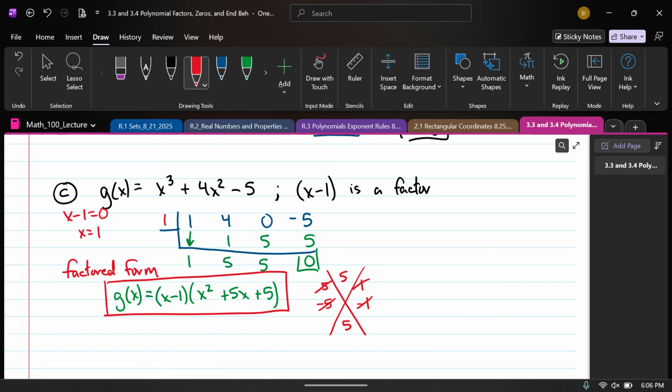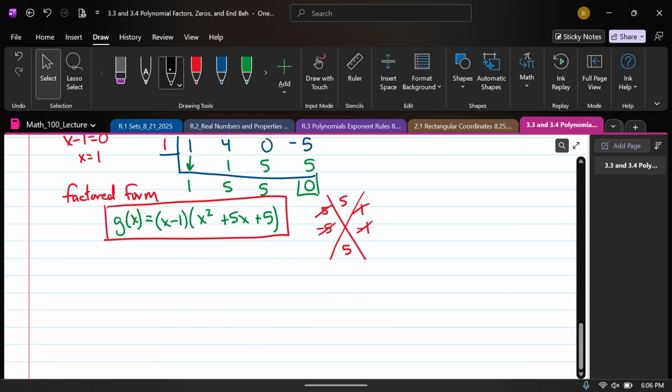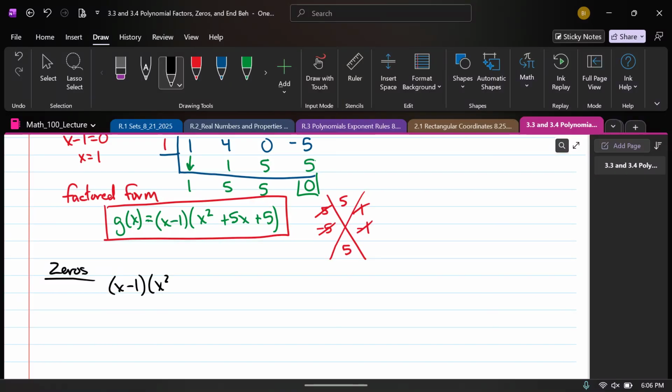Now, if they ask for the zeros, we're taking x minus 1 times x squared plus 5x plus 5 and setting that whole thing equal to 0, which means you take each factor. So I'm taking x minus 1 equal to 0, and x squared plus 5x plus 5 equal to 0. And we're solving those.